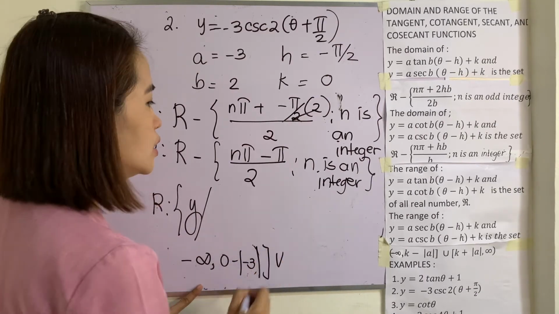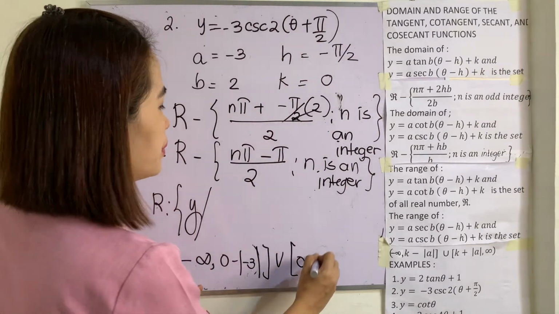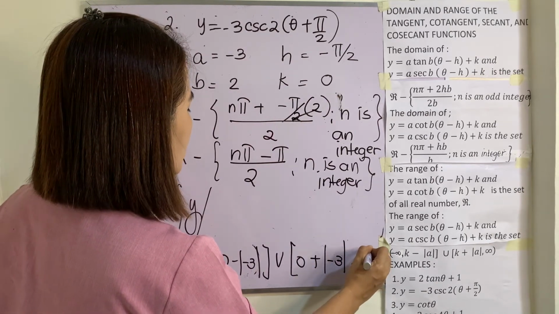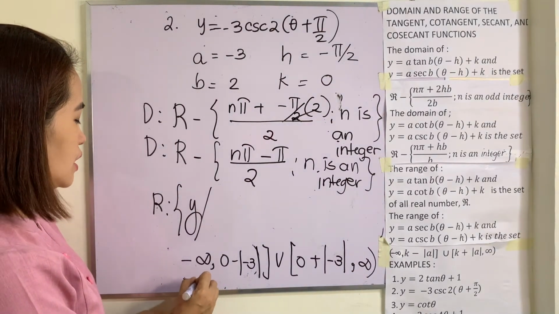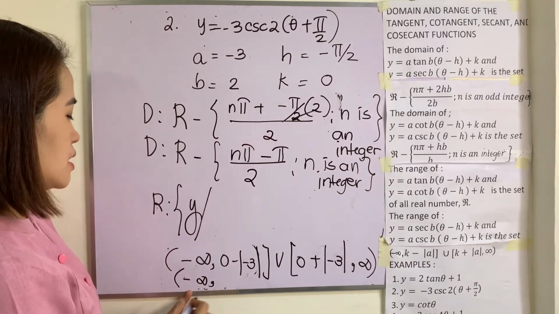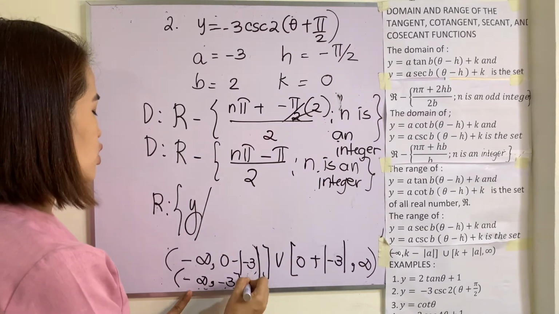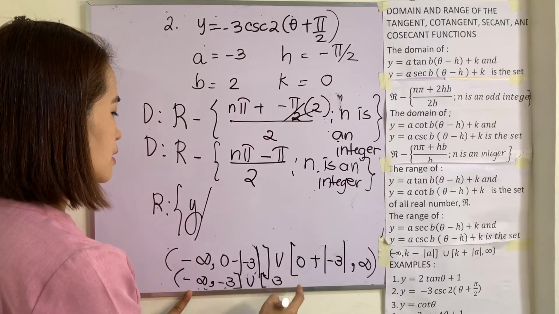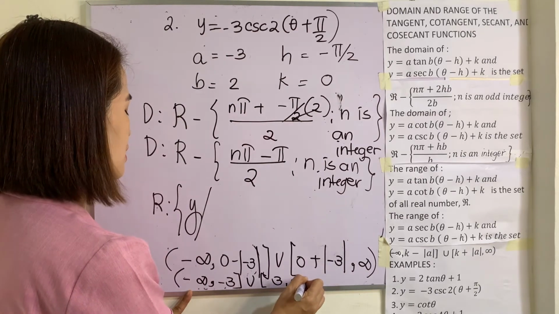And then union, this one is k, our k is 0, plus the absolute value of negative 3, comma, positive infinity. Okay. So if we simplify it, this one is negative infinity, comma, negative 3, union, we have 3, because the absolute value of negative 3 is 3, comma, positive infinity.